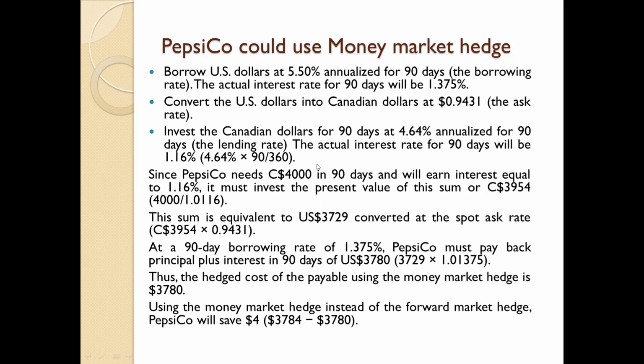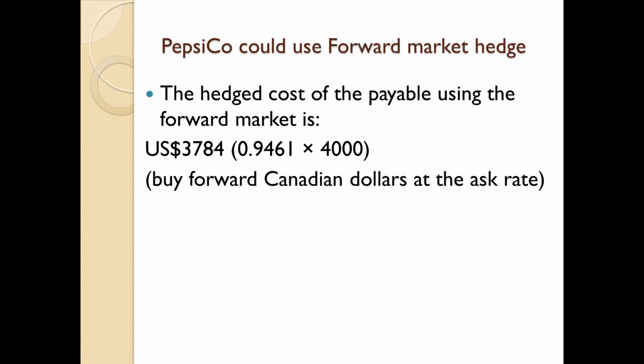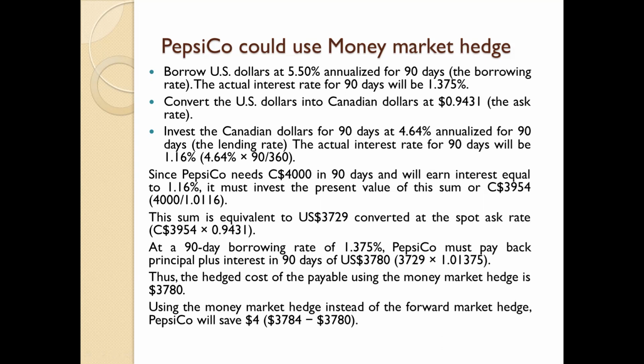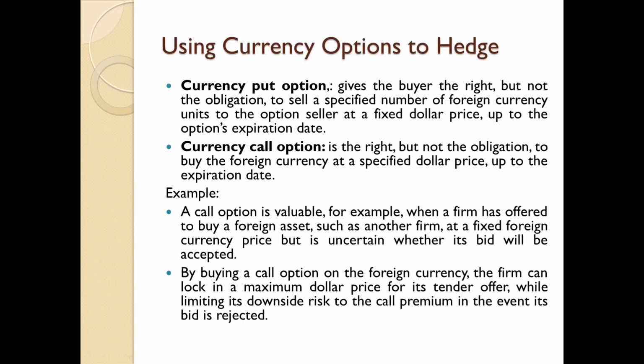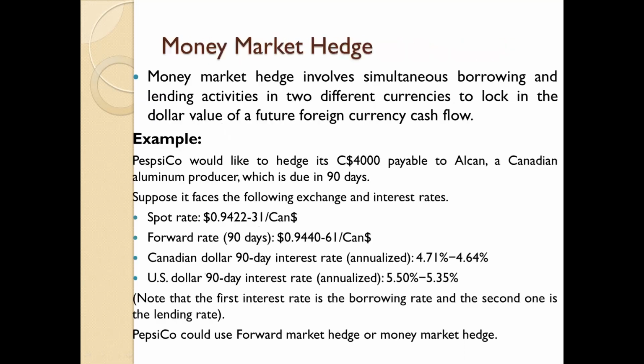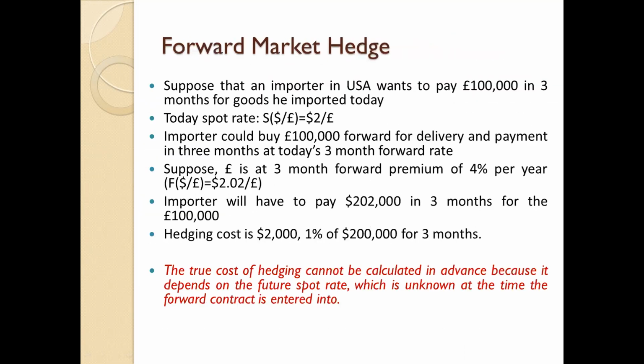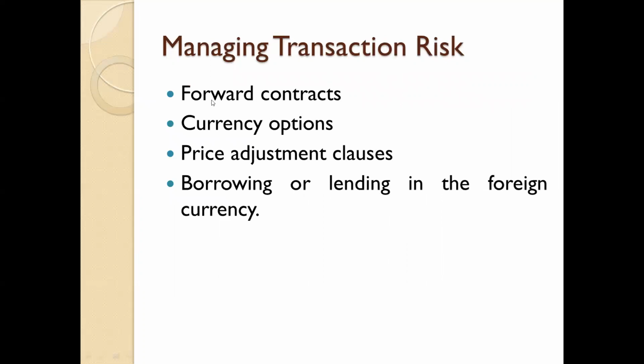I believe that you understand the meaning of money market hedging and forward market hedging in order to minimize transaction risk. The other option we look at for managing transaction risk is the currency option approach.